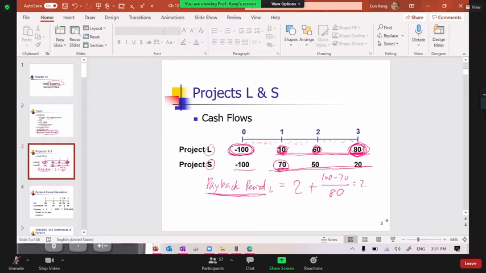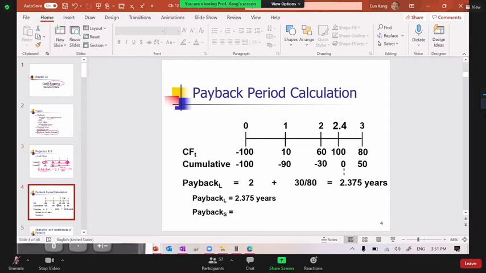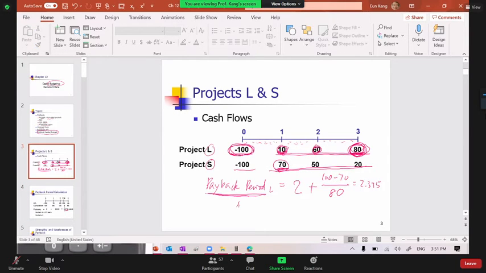So it is 2.375. Then the payback period of S: you recover 70 in the first year, so only $30 is left. So 1 whole year plus 100 minus 70, which is 30, divided by year 2, which is 50. So only 1.6 years.